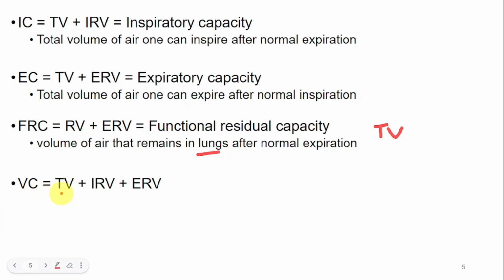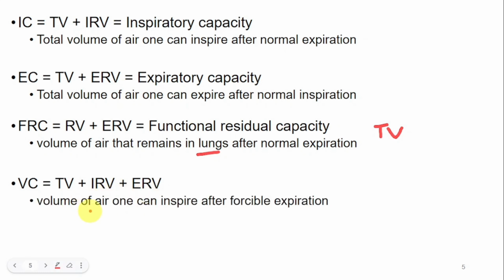Then next one, vital capacity, VC. So this will be TV plus IRV plus ERV. So TV is tidal volume, inspiratory reserve volume, and expiratory reserve volume. So the definition will go this way: volume of air one can inspire after forcible expiration. So here, because both are involved, IRV plus ERV, you are inspiring forcefully this way, and then there is forcible expiration also.